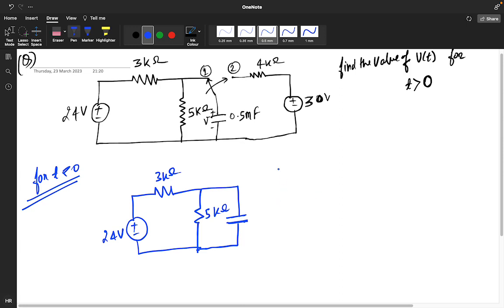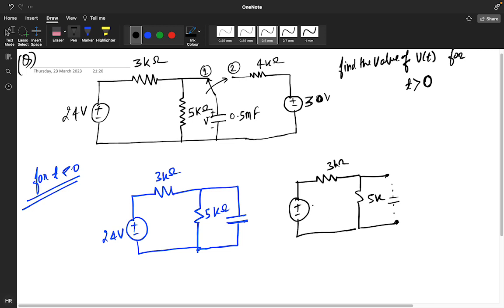It will be open circuited, right? This is 1 by j omega C, and we are putting omega as 0, so it is getting open circuit. This is my 5 kilo ohm, this is my 3 kilo ohm, and here the capacitor is connected, which I am representing as open, and that voltage I need to find. So you need to find the value of this particular branch voltage.